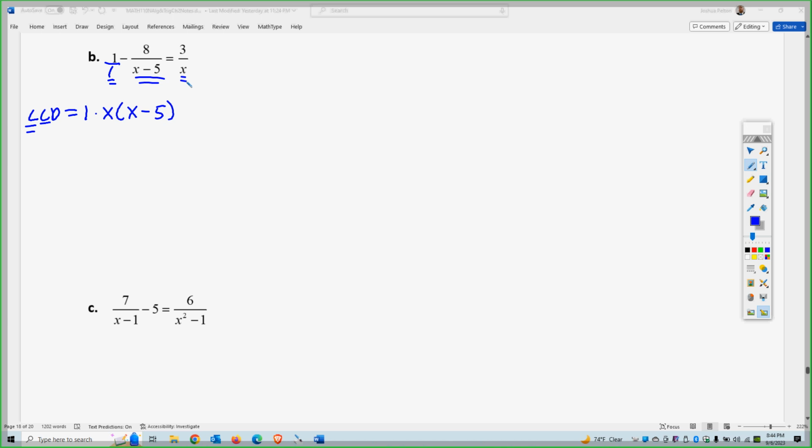Okay. So 1 minus 8 over x minus 5, and we'll multiply that by the LCD, which is x minus 5 on this side. I don't know why that came out like that. That's kind of weird. Okay, and over here on the right-hand side, we have 3 over x times the x minus 5.